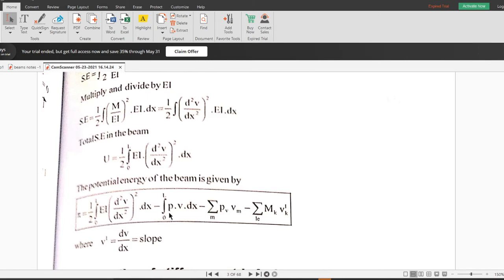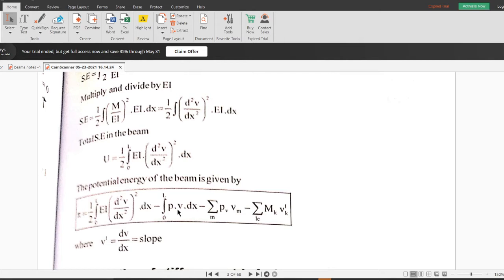Work potential due to the body load is p integration of pv into dx. Again, this is strain energy for concentrated load, strain energy for bending moment, and body force. These three equations have separate derivations, but we are not going to do that derivation here.